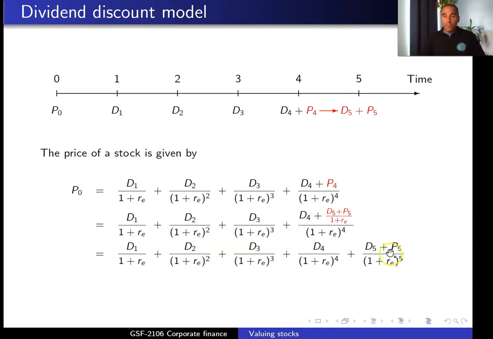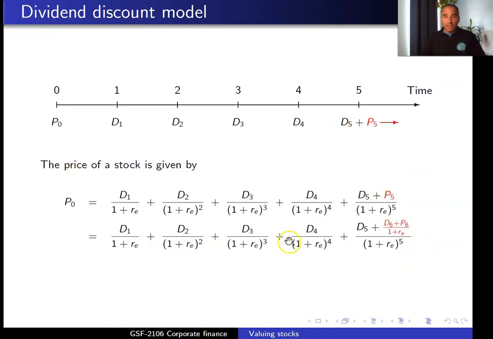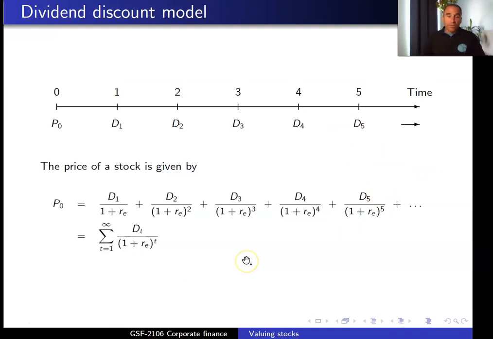And so on. We can move up to 5 and keep moving. So the price of a stock is the discounted value of all the dividends the stock is expected to pay from now on, into perpetuity, so forever.